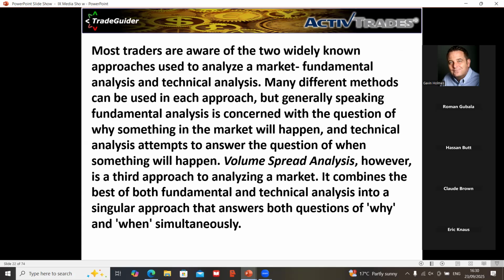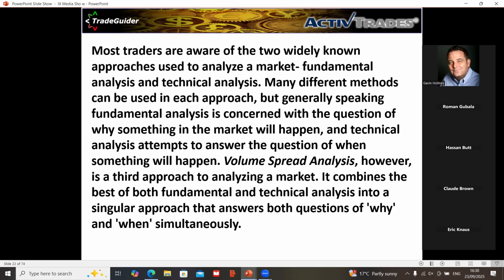So what is it? Well, you can look at this. Most traders are aware of the two widely known approaches used to analyze a market: fundamental analysis and technical analysis. Many different methods can be used in each approach, but generally speaking, fundamental analysis is concerned with the question of why something is about to happen in the market, and technical analysis attempts to answer the question of when something will happen.